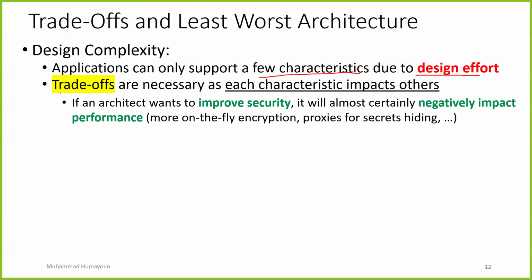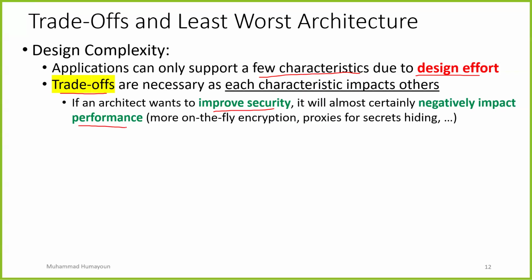And this is what is called a trade-off. So you have to see, if I improve security, for instance, in our system, then it will definitely negatively impact our performance. Why?